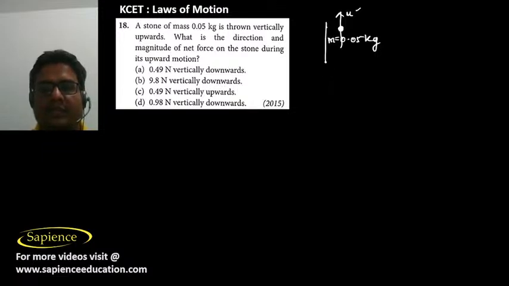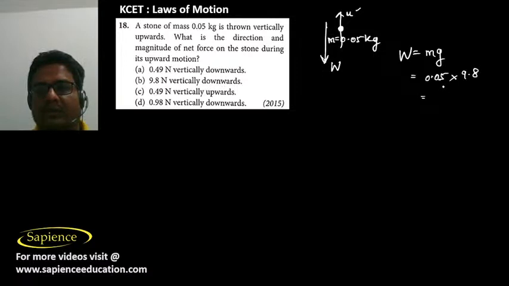So the net force acting is only the gravitational force, which is the weight. So the net force acting on the stone during its upward motion will always be vertically downwards, which is the weight. So it is equal to mg, so 0.05 kg into 9.8. 5 8 is 40, 5 9 45, 49.